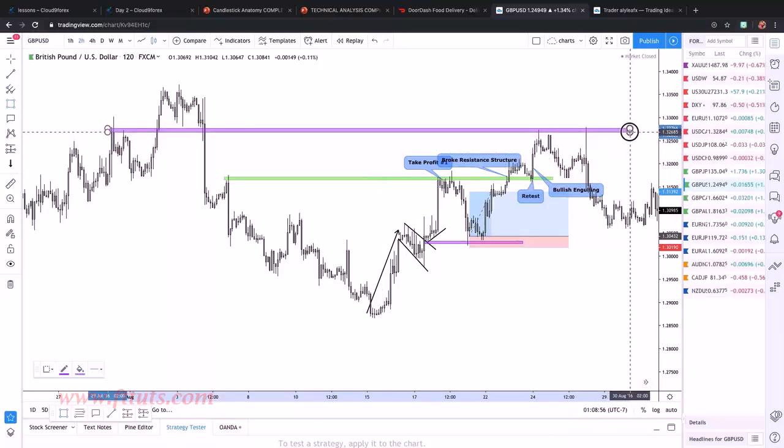And then identifying our resistance level here where price rejected.